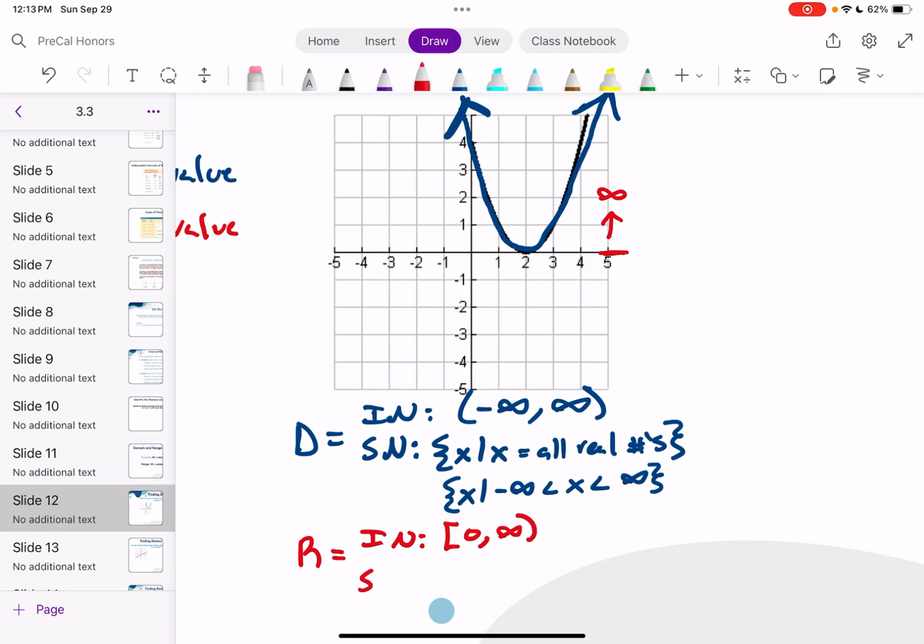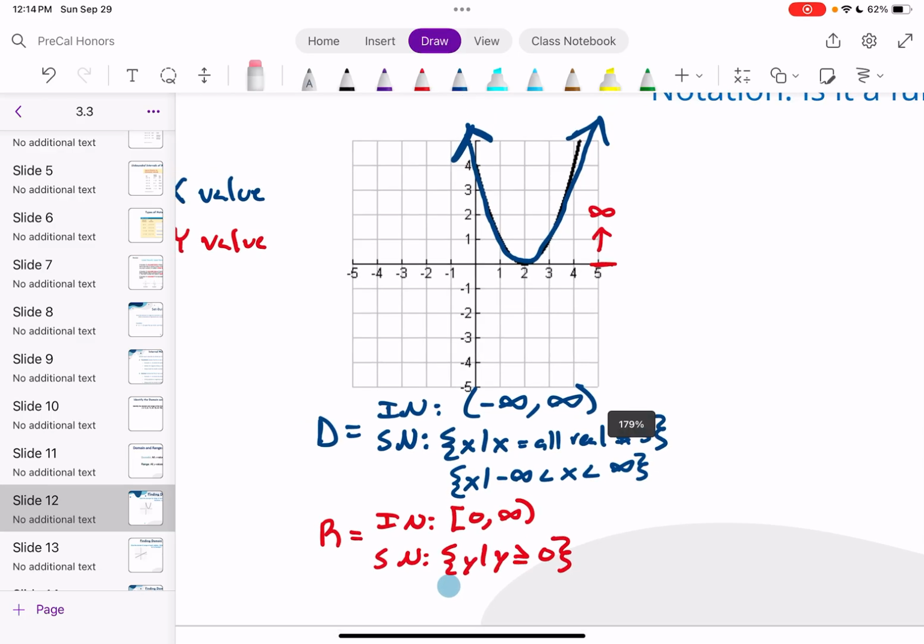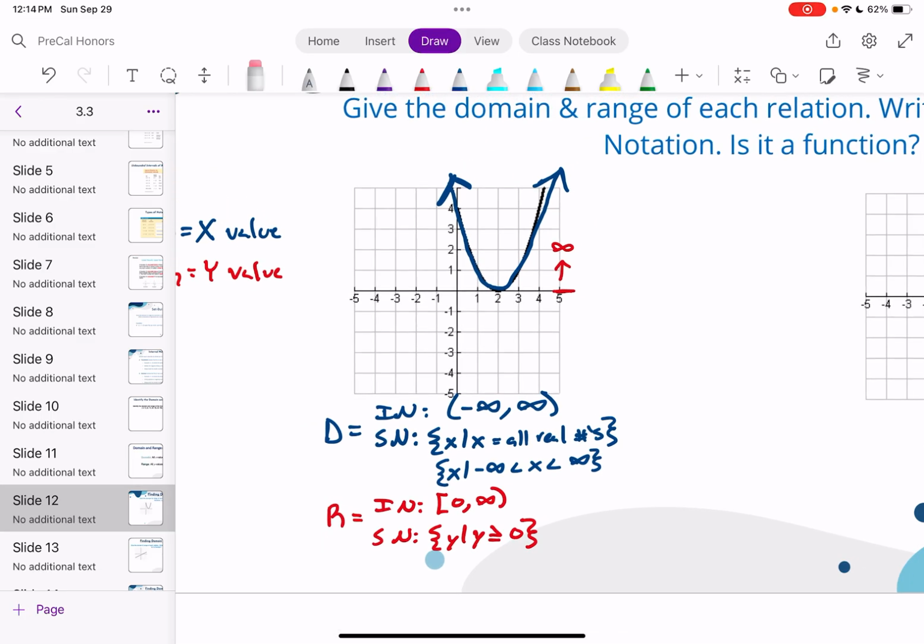Our set notation would be written as y such that y is greater than or equal to 0. We close off our set notation with that fancy parentheses and continue on.